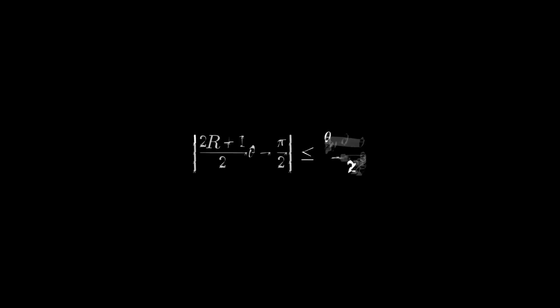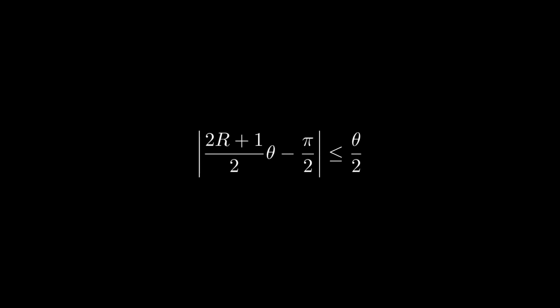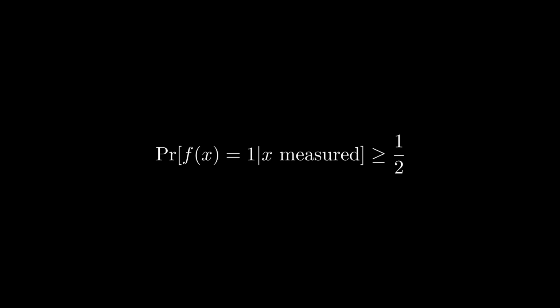However, since each rotation shifts the angle by theta, we have that our final angle will be at most theta over 2 radians away from pi over 2. Since we explicitly bounded theta over 2 by pi over 4, this means that the probability of measuring a marked element is at least 1/2. Furthermore, in practice, since n is much larger than m, this probability will usually be extremely close to 1.